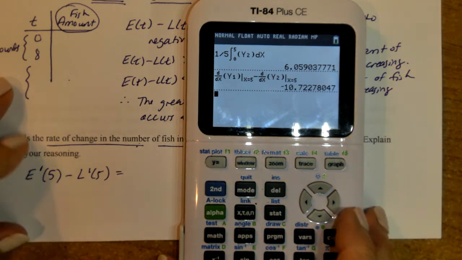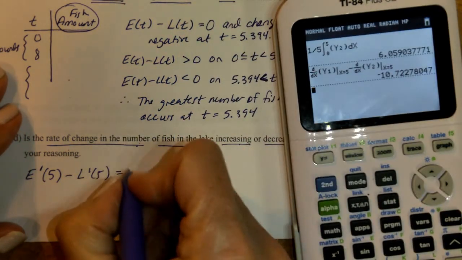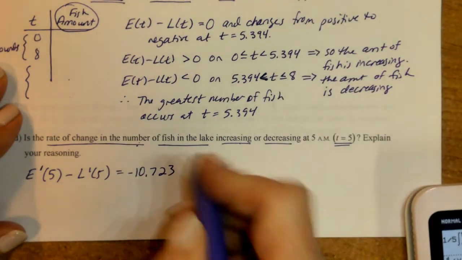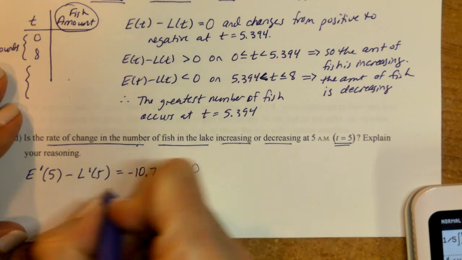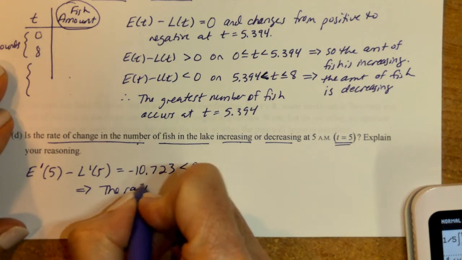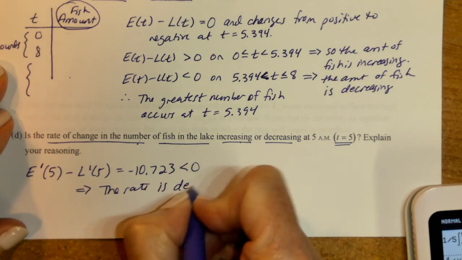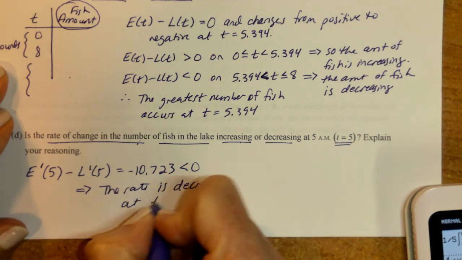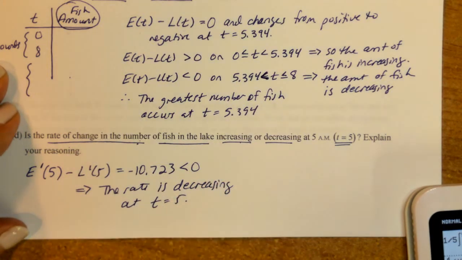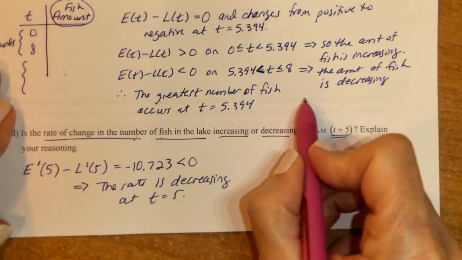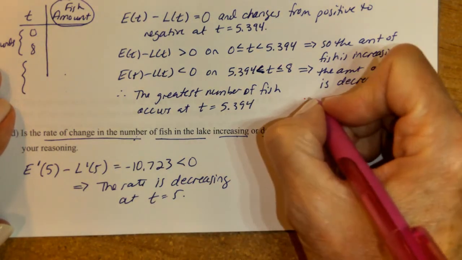And we get negative 10.723, which is negative. Therefore, the rate is decreasing at time 5. So I didn't say how many points this absolute max problem was.